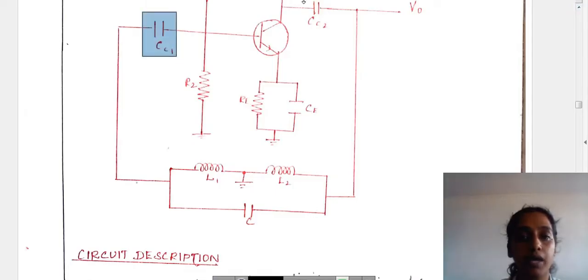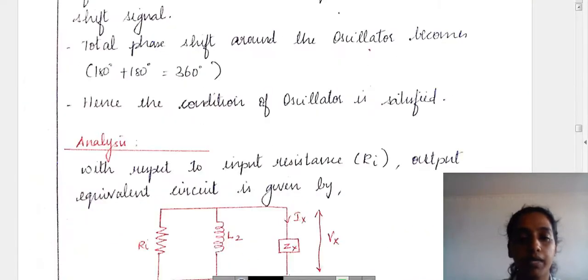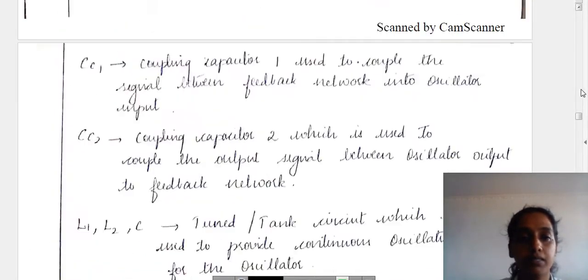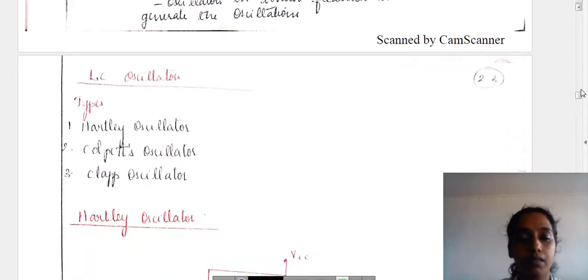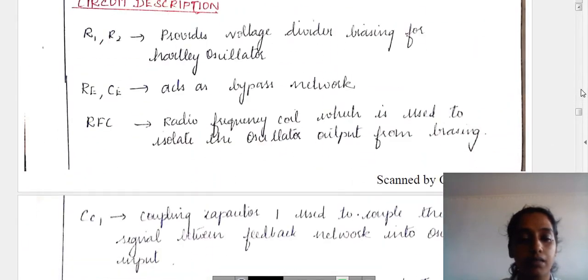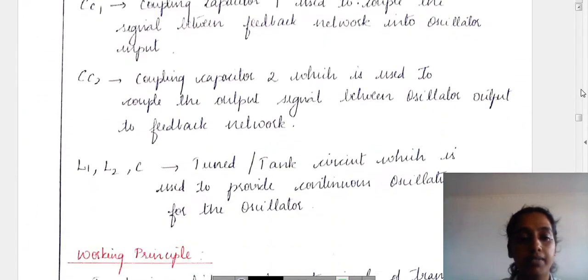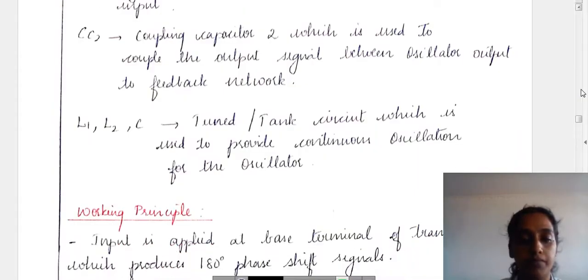The second coupling capacitor is used to couple the output of the transistor to the input of the feedback. And the tank circuit has two inductors and one capacitor.